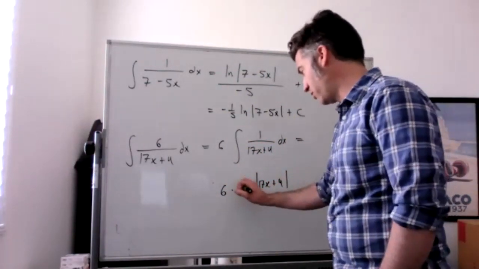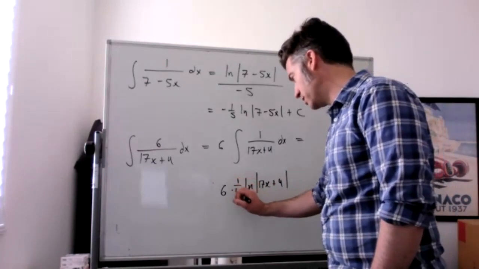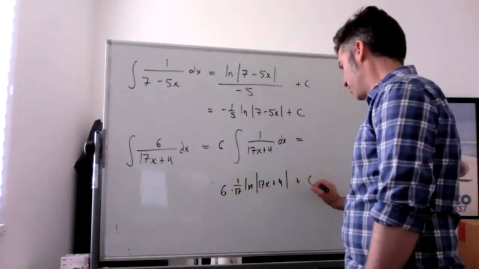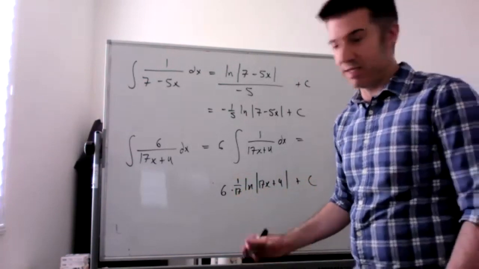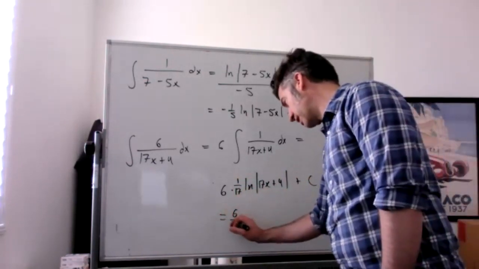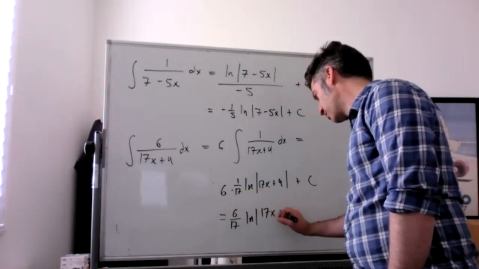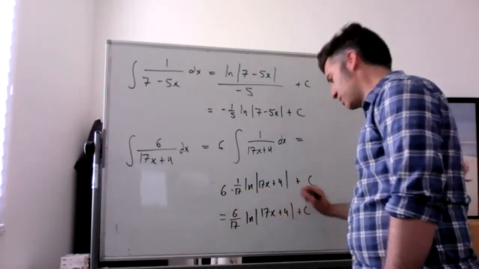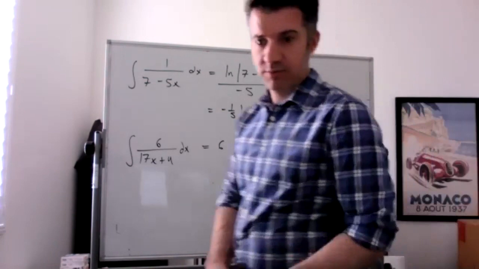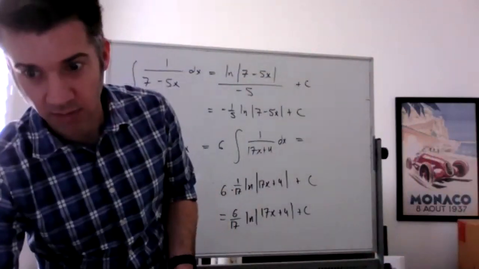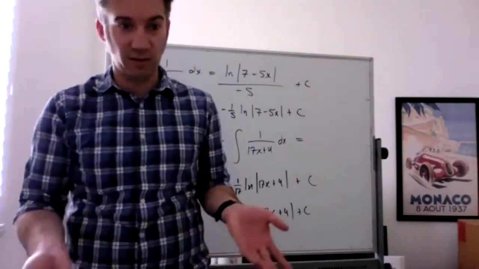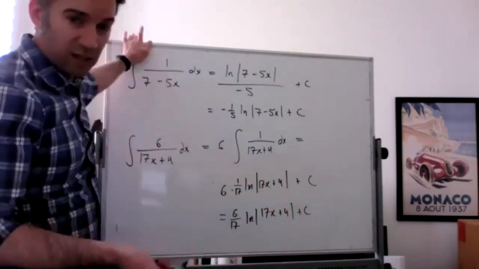But then I also have to multiply by 1/17. And I would probably rewrite this as 6/17 natural log of 17x plus 4. So I could go on, but I feel like most of the examples are going to be pretty much the same. But let's do one that's a little bit different.